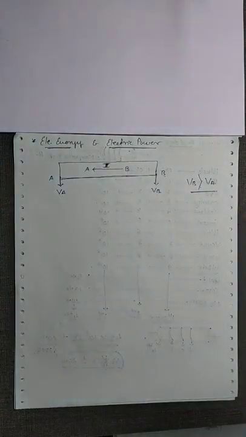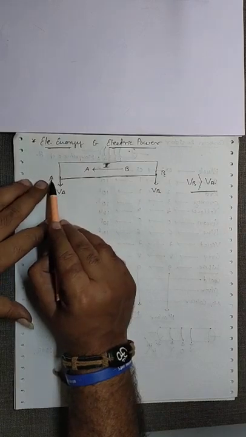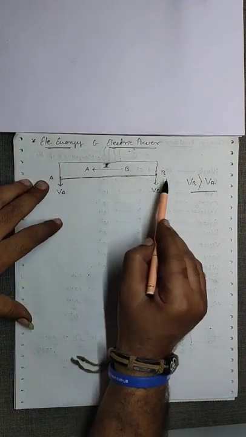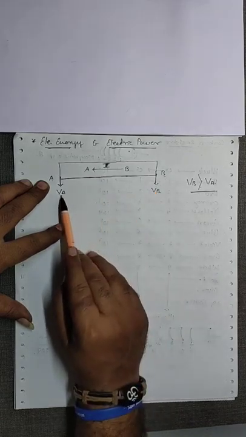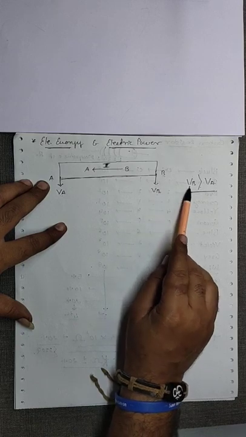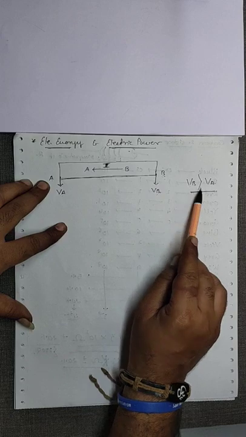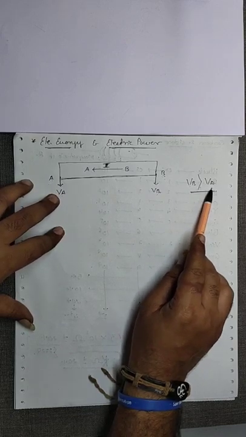Okay? So, simple. Let us consider a conductor. Consider two ends A and B. At A and B, electric potential is VA and VB. Electric potential at point B, VB, is more than electric potential at point A, VA.